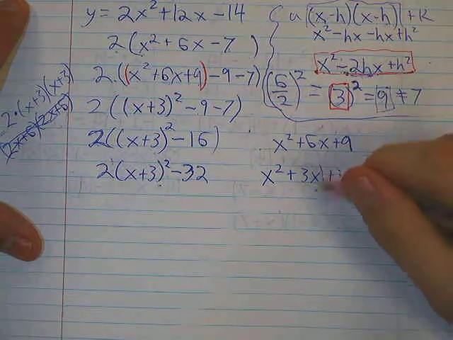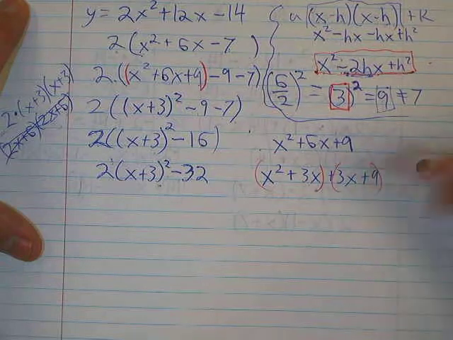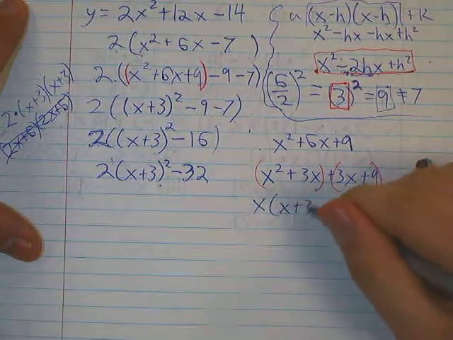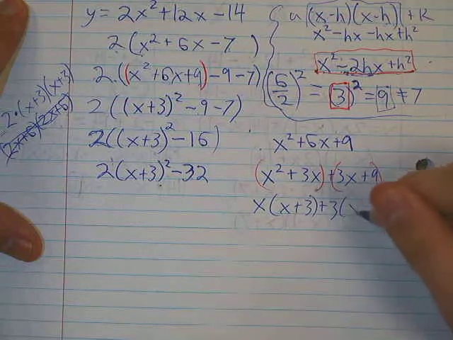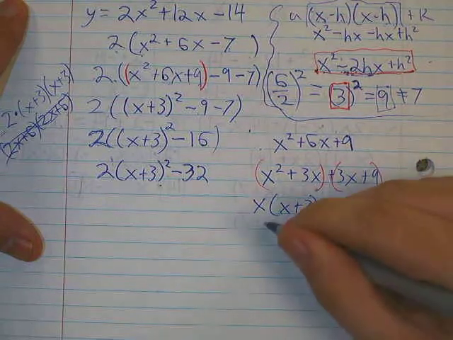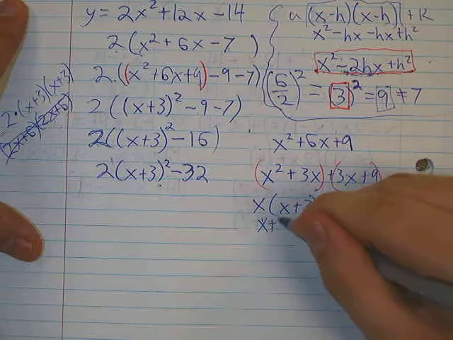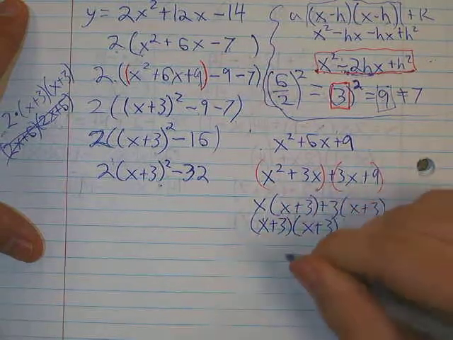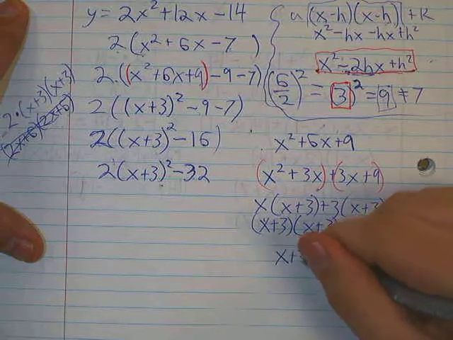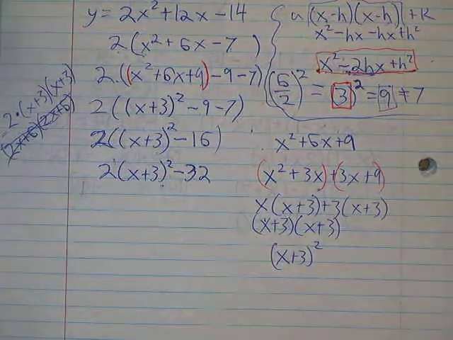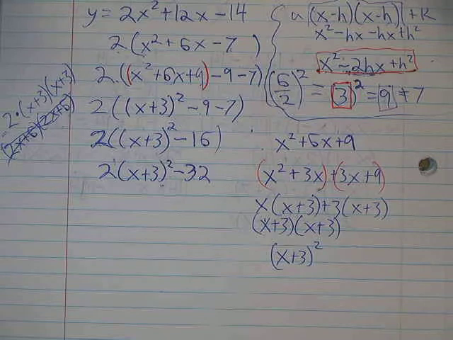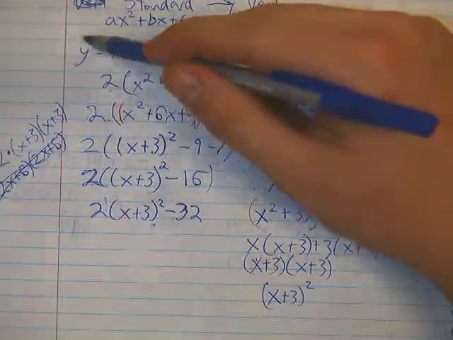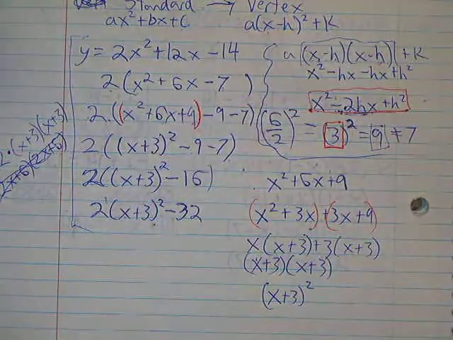So this becomes x squared plus 3x plus 3x plus 9. We'll group those first two and those last two terms. x times (x plus 3) plus 3 times (x plus 3), which will give you (x plus 3) times (x plus 3) for a grand total of (x plus 3) squared. And there you have it. Just a little bit of proof.